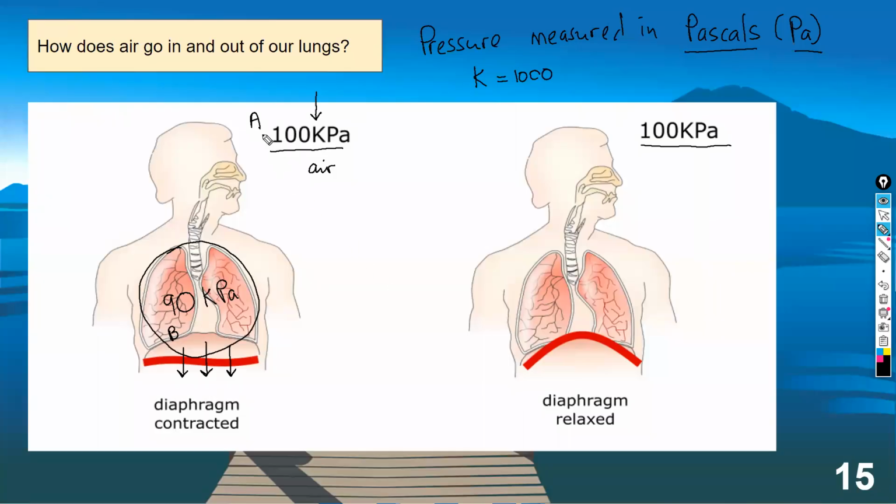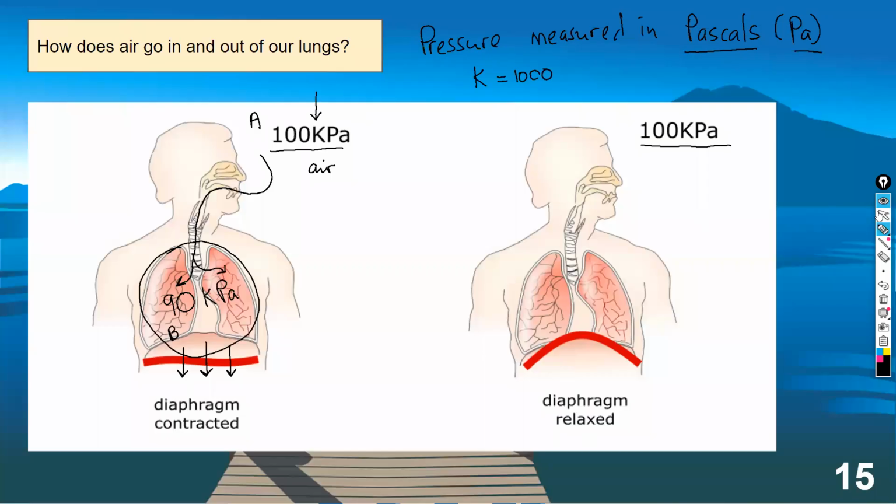So since outside is higher and inside is lower, the air is going to come into your body. And that's the science behind it. In order to get air into your body, all you're trying to do is make the air pressure inside your body smaller than outside. And once inside is smaller, the air will naturally flow from outside, which is higher, to inside, which is lower.